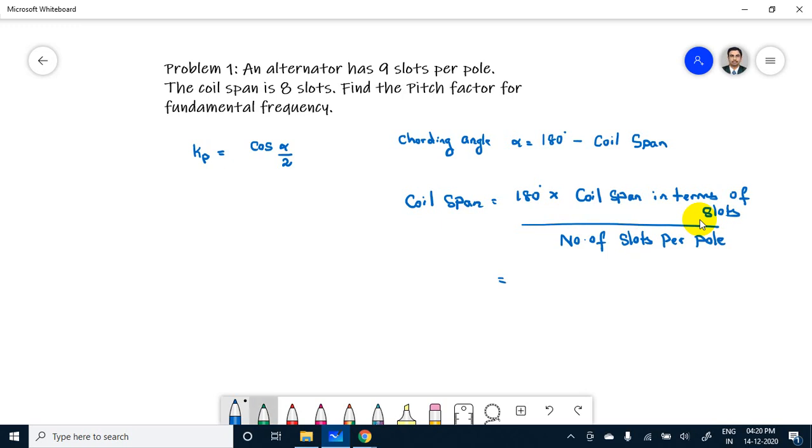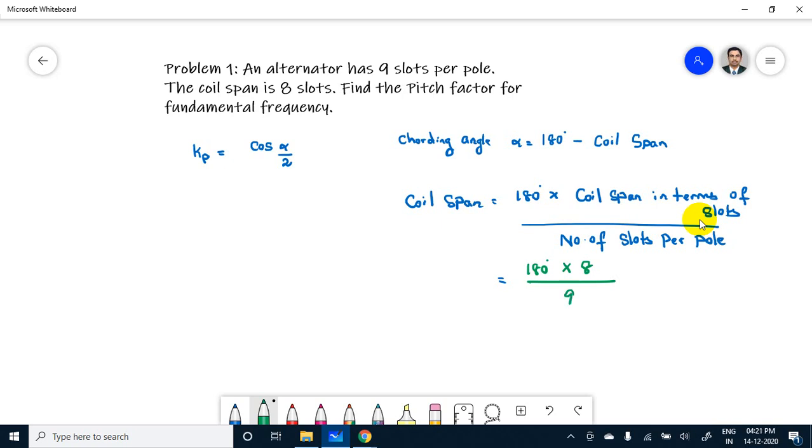Now you substitute 180° into coil span in terms of slots. The coil span is 8 slots. So 180° into 8 divided by number of slots per pole, which as per the problem is 9.